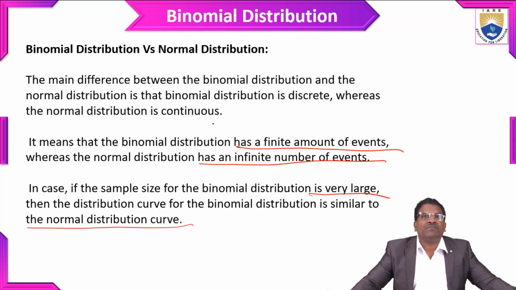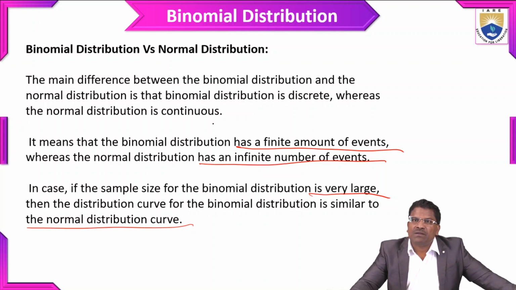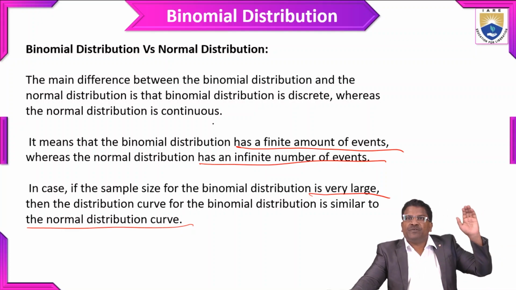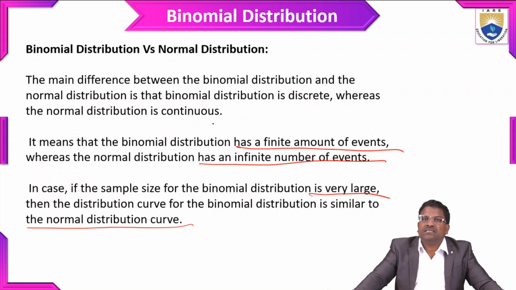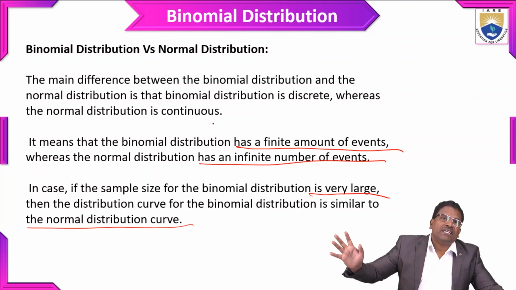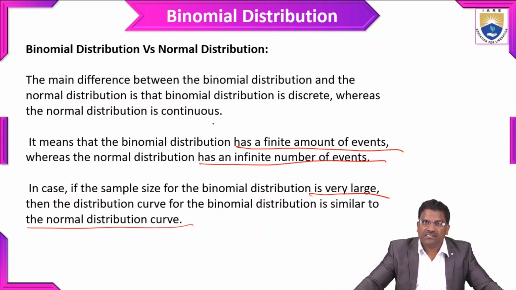So, what is the main difference between binomial distribution and normal distribution? Binomial distribution has a finite number of events, whereas normal distribution has an infinite number of events.